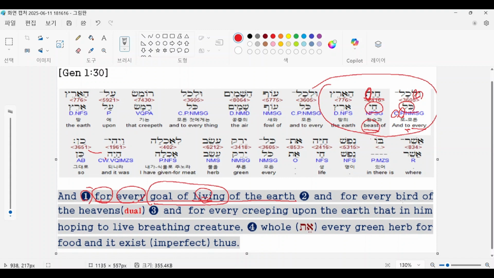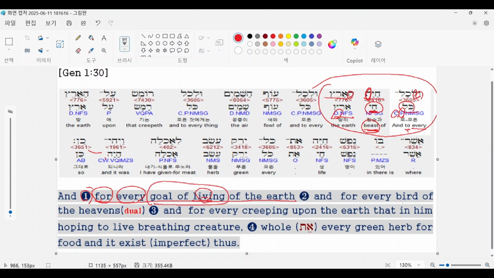And not only the beast is the surviving goal of the earth. This is the earth, with the definite article, ha-aretz. And every living creature has the goal to live. We do not live to die, we live to live.